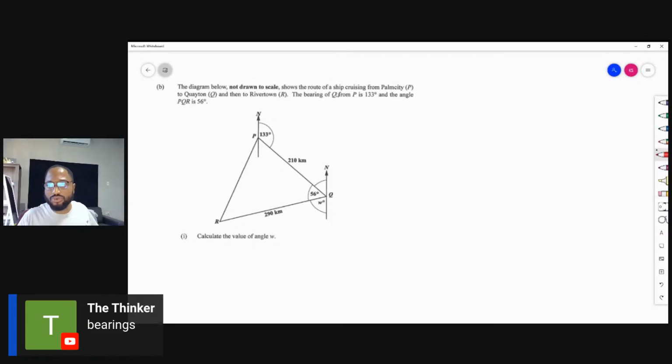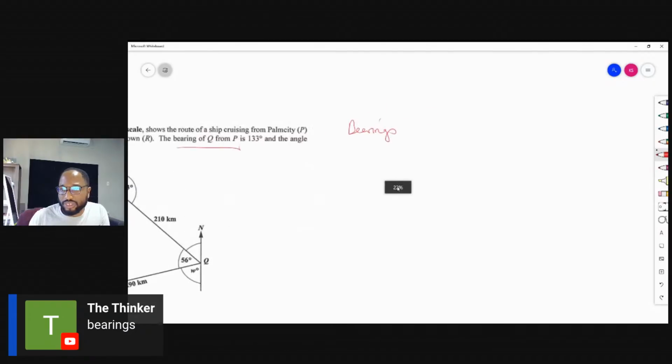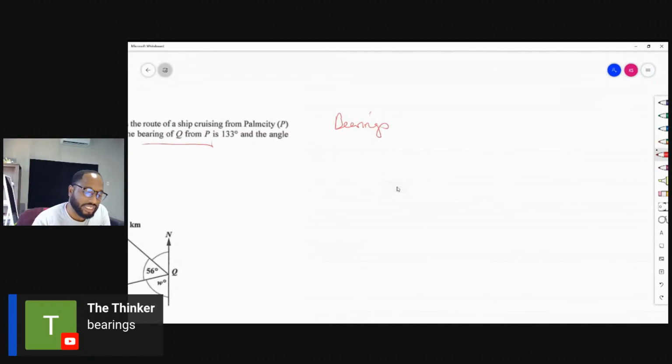The bearing of Q from P is 130. So the first thing with bearings is that you always take a bearing from the north. It's 3 figures, it's 3 digits, and it goes in a clockwise direction.